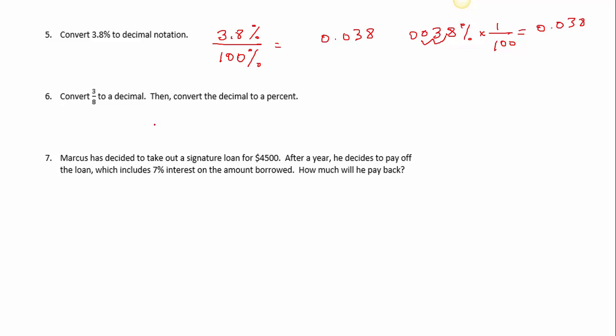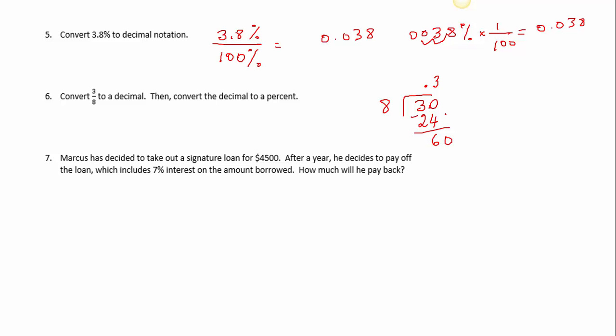Convert 3 over 8 to decimal. Let's go ahead and divide 3 divided by 8. Since 3 has a decimal here and 3 is less than 8, we're going to move the decimal up here and then add a 0. 30 divided by 8 is 3. 3 times 8, 24. And the remainder is 6.